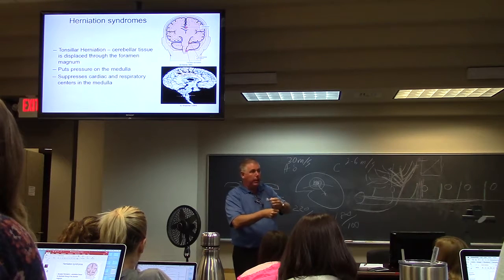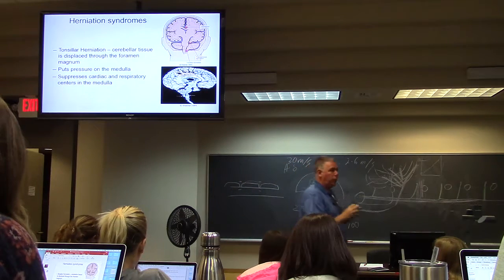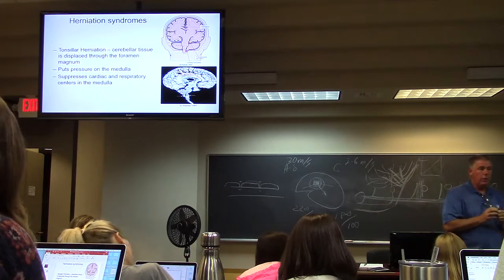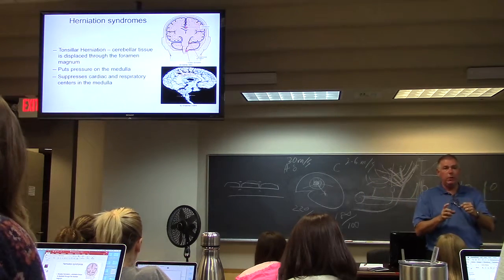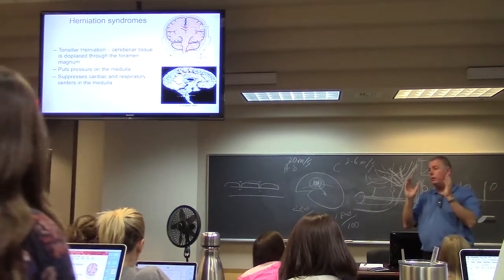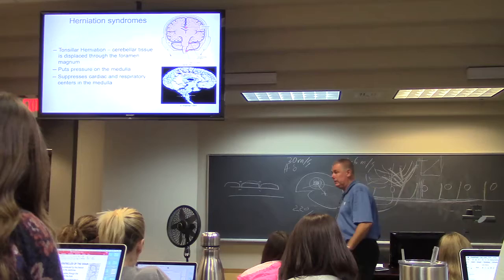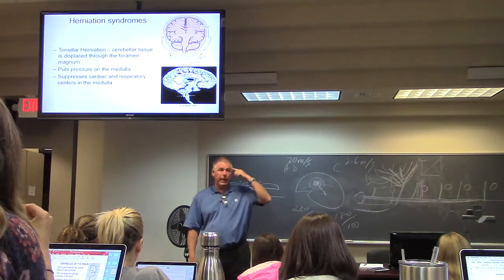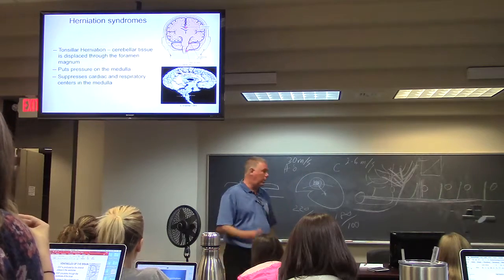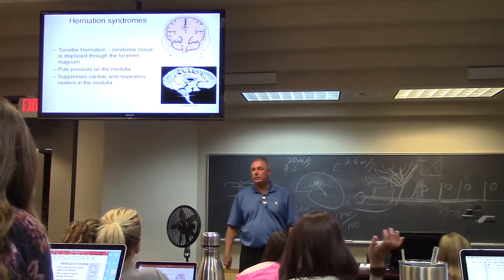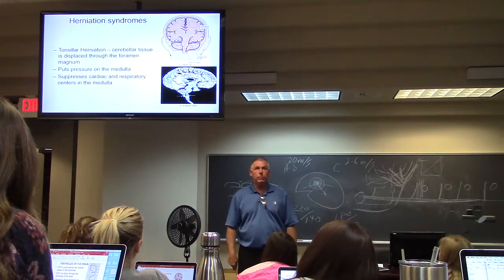In the medulla, you have these centers that control respiratory function and cardiac function. You do not want to go putting pressure on those structures, because you have a tendency to go into arrest. So you have vault herniations, transtentorial, or tonsillar herniations. Okay?